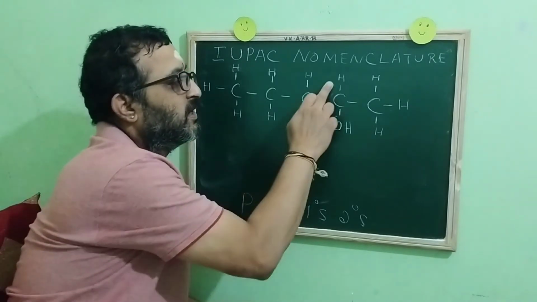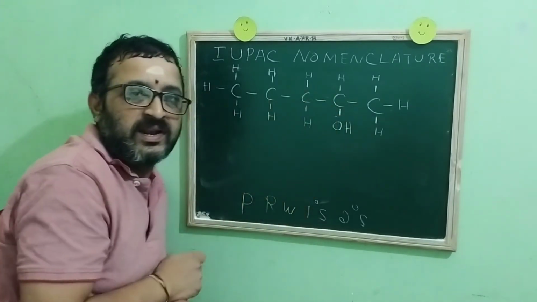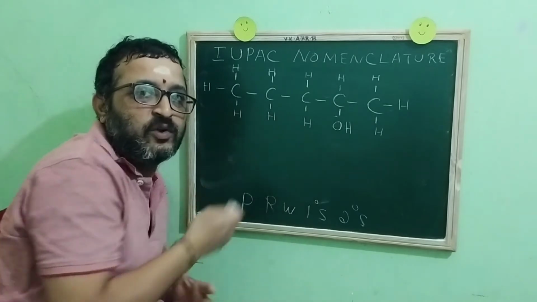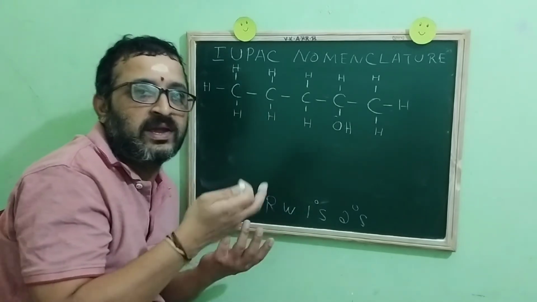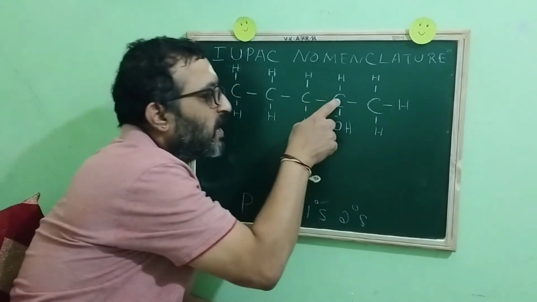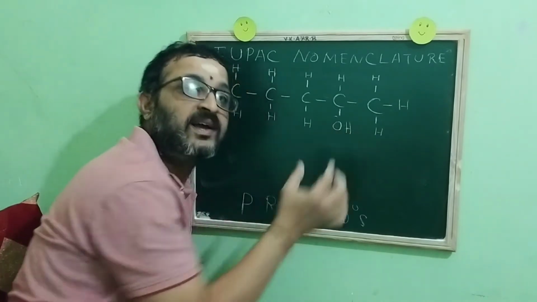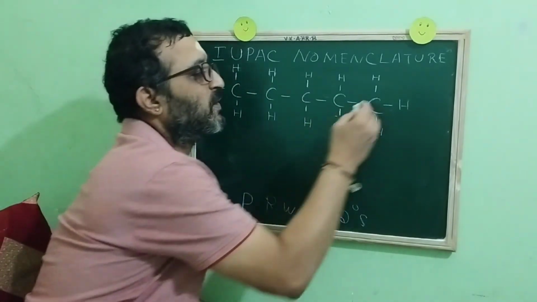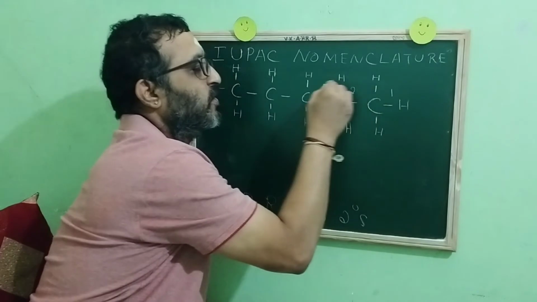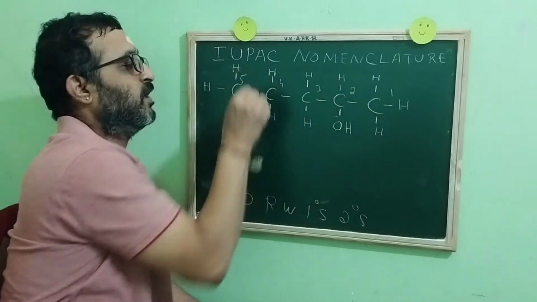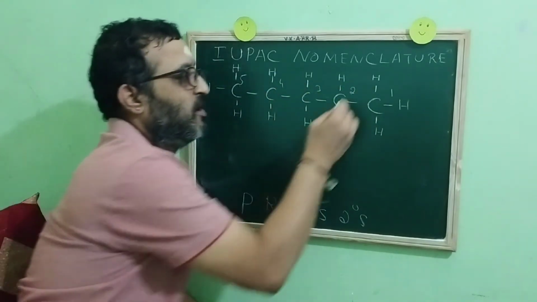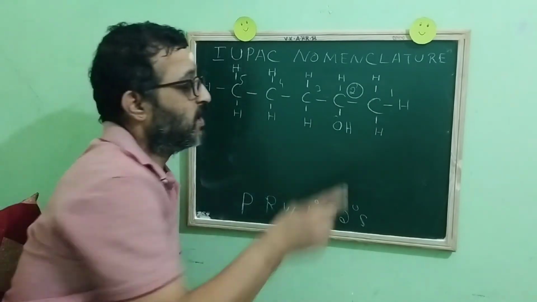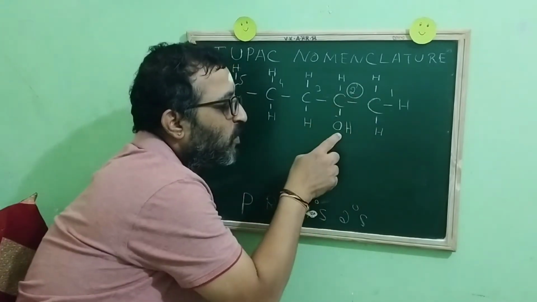Now, children, I have to do the numbering. As you know, why are we doing the numbering? Just to give the lowest number to the carbon to which what? Functional group is attached. So when I do the numbering from right side, 1, 2, 3, 4, 5. Now for which number I have to put a circle? Obviously second one. Why? Because this is the carbon to which what is attached?